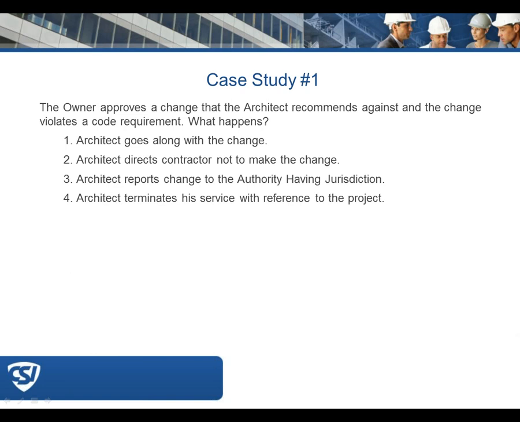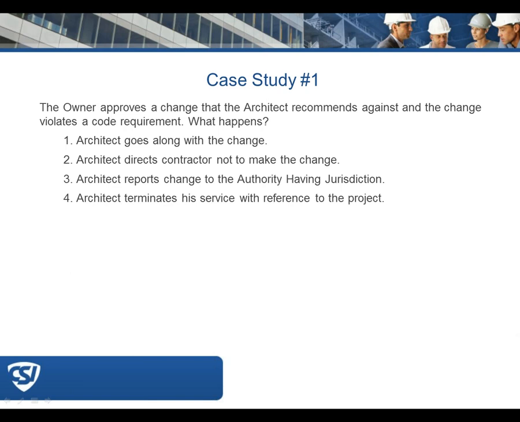I think, though, once we notify the authority having jurisdiction, at that point it may be moot, because they, of course, would investigate the issue and make that notice to the owner that whatever the change is, it's a code violation and it isn't acceptable.